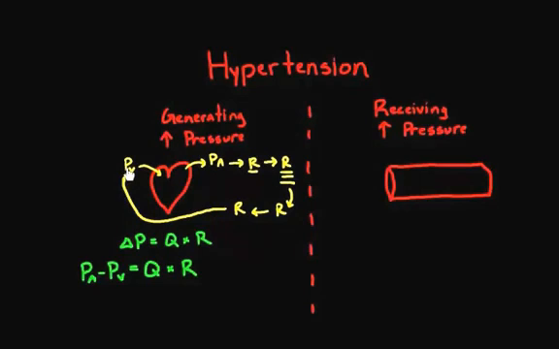So there's resistance in the circulatory system, and there's a flow of blood that you're actually trying to move around, right? So anything at all that increases the resistance or increases the flow is going to force the amount of pressure you have to put in on the arterial side to go up.